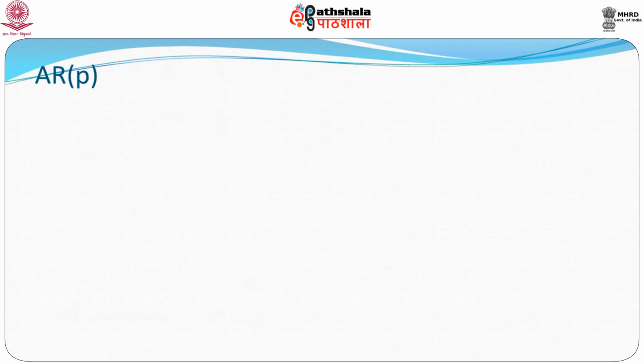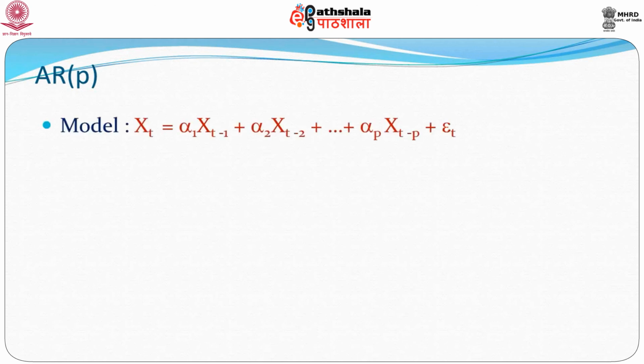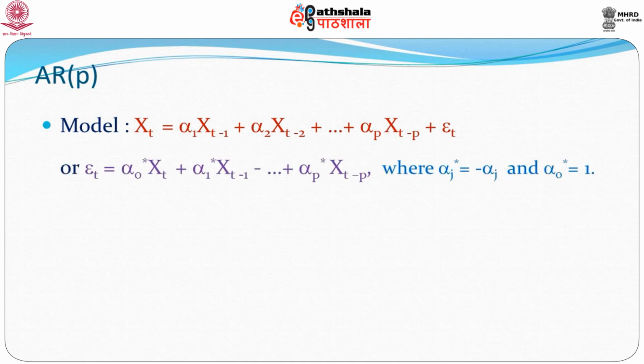Very quickly, let us have a quick look at the AR process in general. For AR(p), we have a model x_t is equal to alpha_1 x_{t-1} up to alpha_p x_{t-p} plus epsilon_t. It should come out as a special case of the ARMA(p,q) model with q equal to 0, but let us derive it directly.